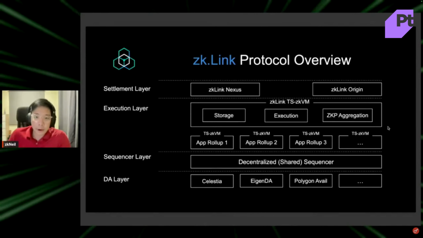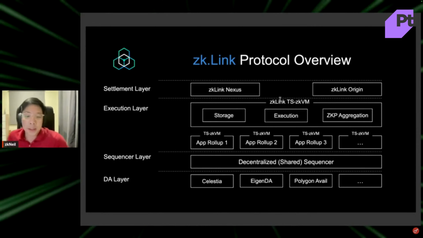This is a lot to take in, but ZKLINK basically has 2 products. We've got a layer 3, and also a layer 2.5 as the settlement layer, followed by the whole execution layer, the sequencer layer, and DA layer.